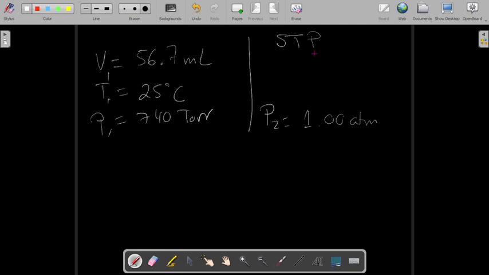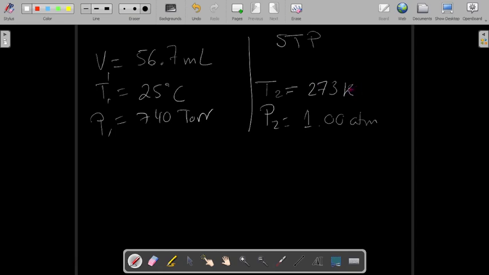And that also means that there's a standard temperature. What is the standard temperature? You had to learn that. And we're going to be working in Kelvins, so you need to memorize it in Kelvins, which is 273 Kelvins.